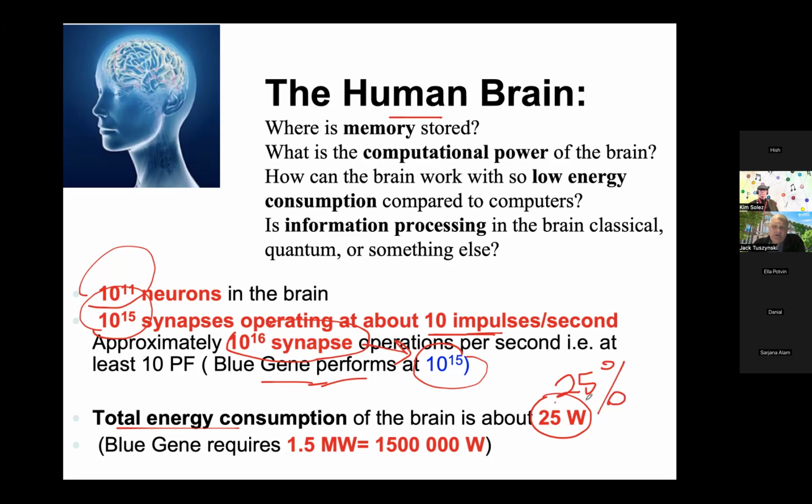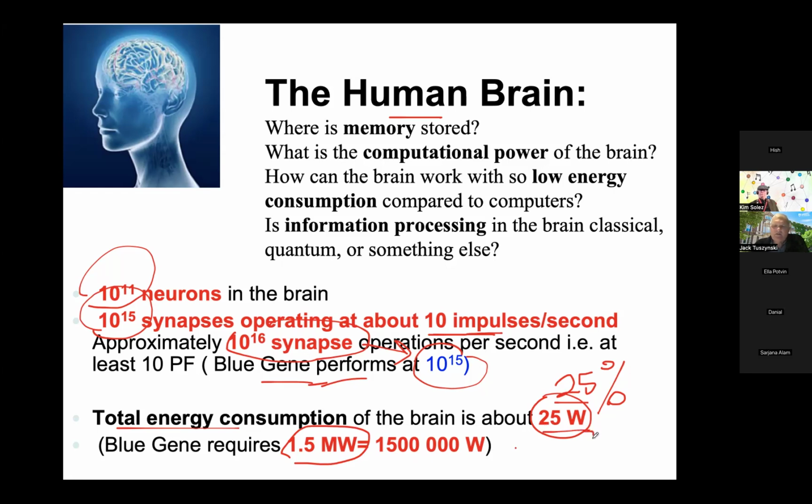So it's a large demand, and if the demand is not met, there are some issues. We know that glial cells provide neurons with the required energy balance, but here's what Blue Gene requires: 1.5 megawatts. That's roughly 100,000 times greater, and that's kind of mysterious.